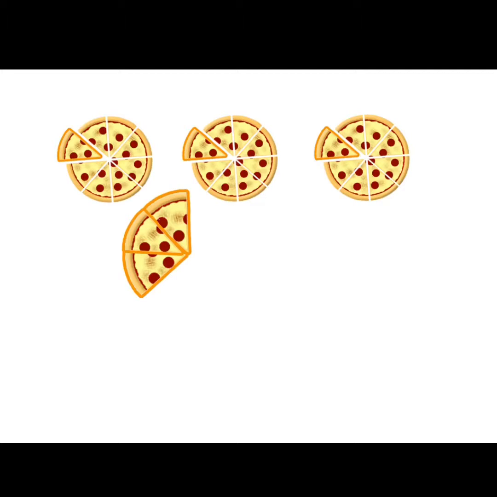How would we write that? Well, first you need to count how many full pizzas there are. So again, there are 1, 2, 3 whole pizzas. So we're just going to write down the number of whole pizzas that were eaten, which is 3 whole pizzas. Then we have to count the slices that were eaten out of the 4th pizza and add them to the whole number. So we had 1 slice, 2 slices, 3 slices.